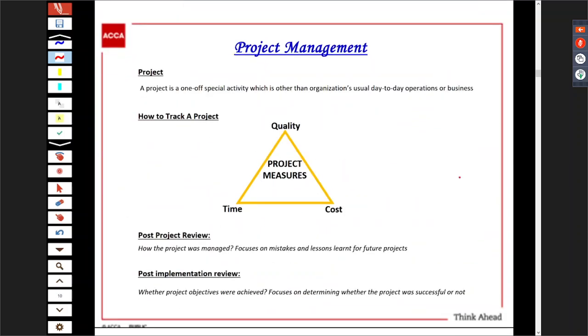Okay, project management. How would you know whether a project was successful or not? Can anybody tell me? How can you measure whether the project was successful or it was a flop?